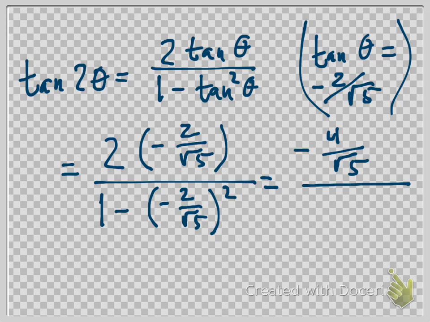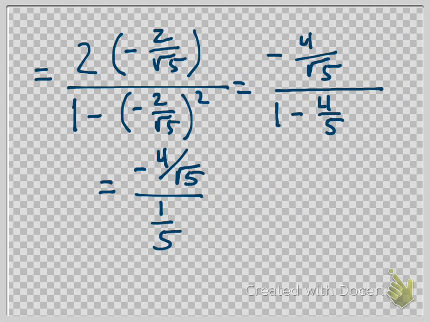The bottom is going to be 1 minus, what's 2 over root 5 squared? Well, squaring that gives us a 4 on top and a 5 on the bottom. 1 minus 4/5 is just 1/5.